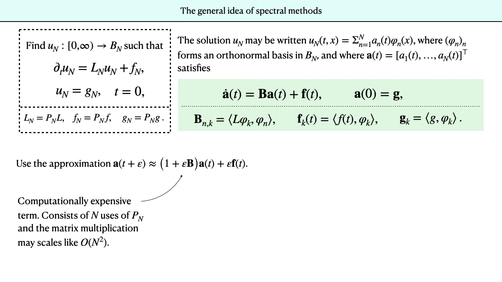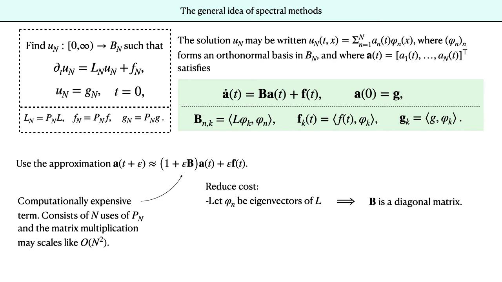Now, the expensive part in this forward Euler scheme is this matrix here, both because the matrix is heavy to calculate, it has a lot of inner products that need to be computed, and it might not be so easy to compute these inner products. It might not be computationally straightforward, and you have a matrix multiplication.